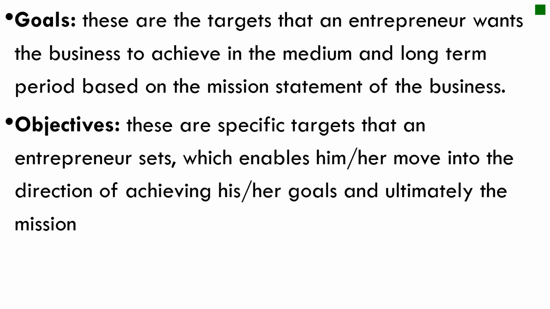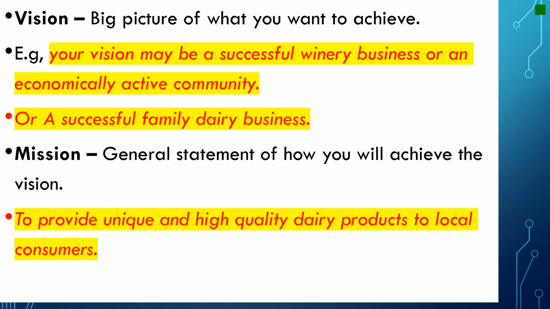But lastly, the objectives. These are specific targets that an entrepreneur sets, which enable him or her to move in the direction of achieving his or her goals and ultimately the mission. So let's look at some examples.